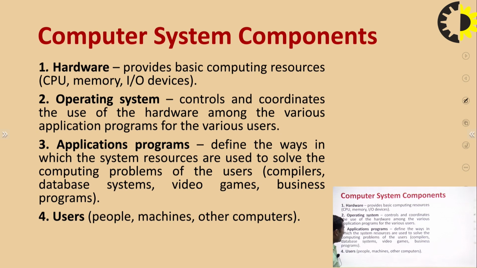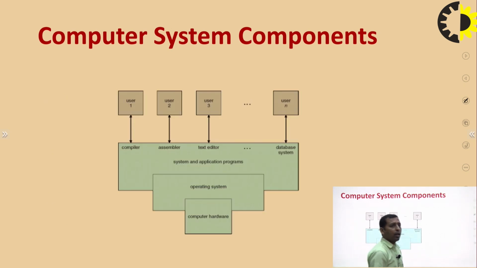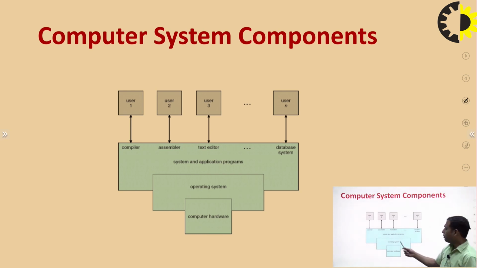And the user can be a person, a machine, or other computers. So in the computer system components, same figure, but on the system and application program side, we have compiler, assembler, text editor, and database systems, etc. And the operating system provides the interface between hardware and this side, that is the user side or application side.